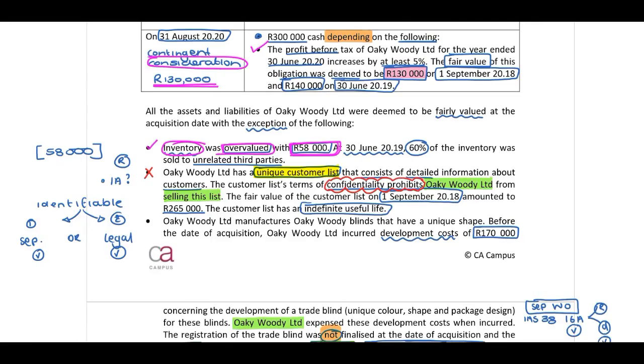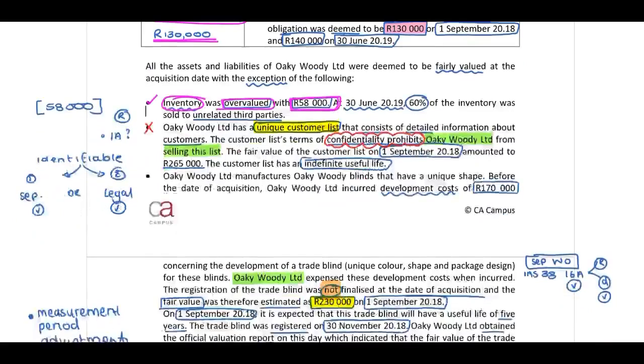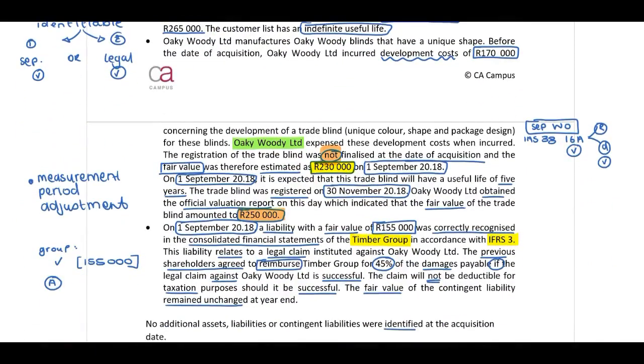The second bullet point, remember, we've identified that we're not going to include this. And you will also remember that this is part of the discussion of part B. Third bullet point relates to a unique shape in terms of blinds. And we have identified that the value is 230,000 on 1 September 2018.